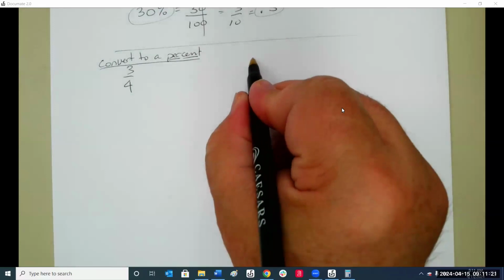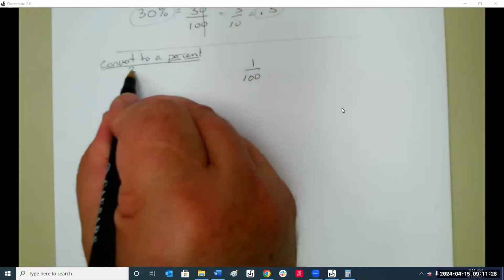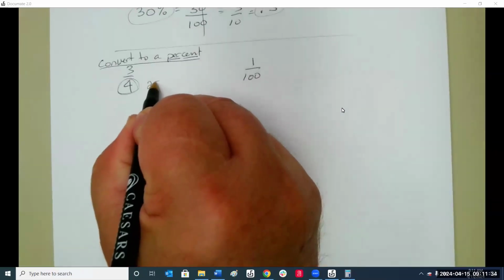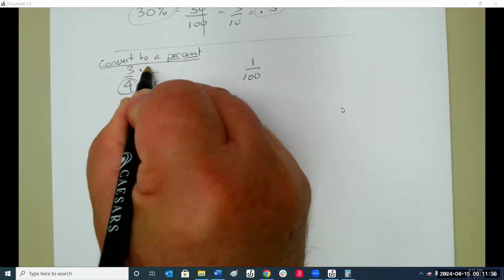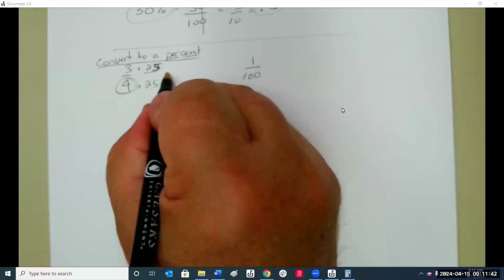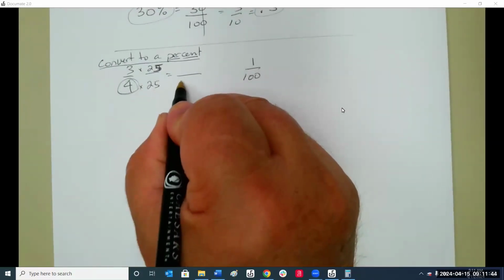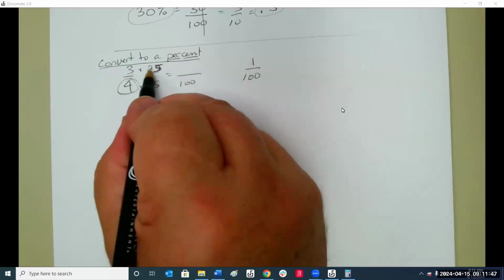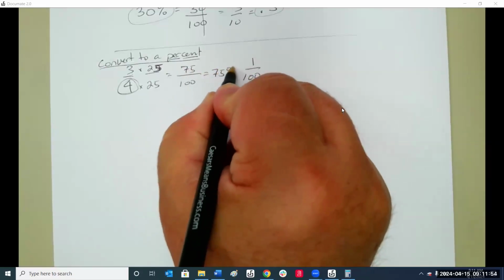Per what? What has to be on the bottom? Has to be 100 on the bottom. So with what do we multiply 4 to get it equal to 100? 25. So we have to multiply 25 to the top also. So 4 times 25 is 100. 3 times 25 is what? So that equals 75%.